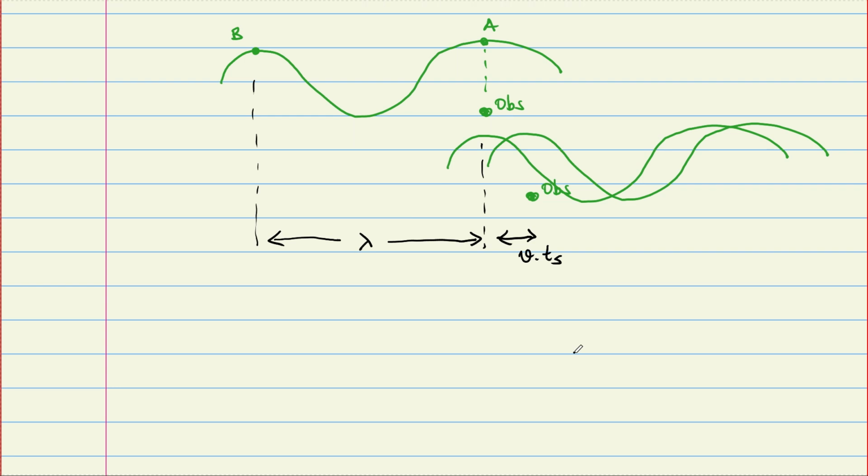Good. And how much time does it take? So the total distance, B is moving with the speed of light. The total time in the source frame is going to be the wavelength plus the additional distance v times Ts, and you need to divide this entire thing by the speed of light.